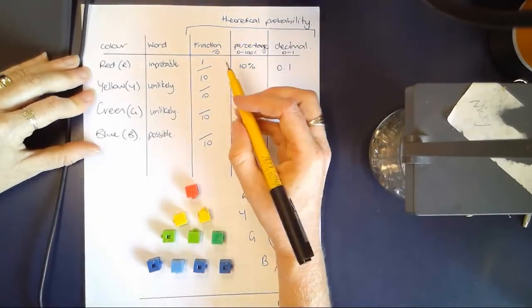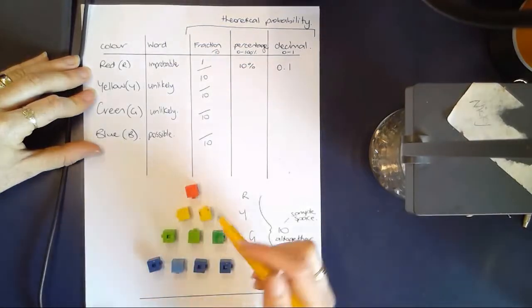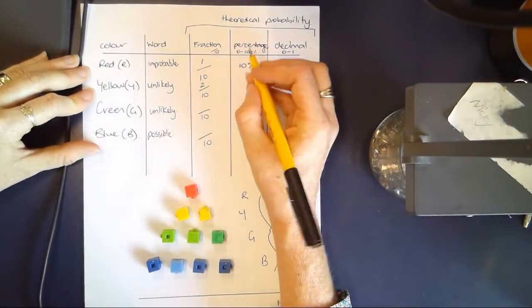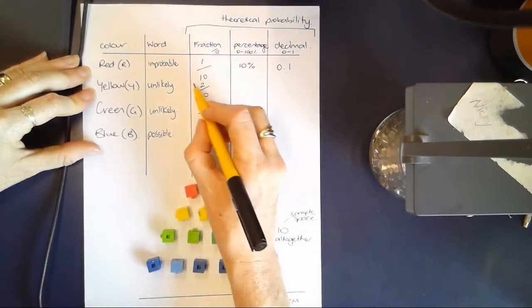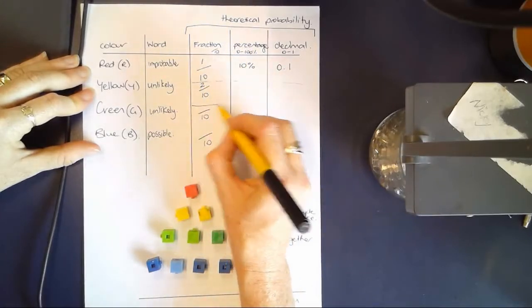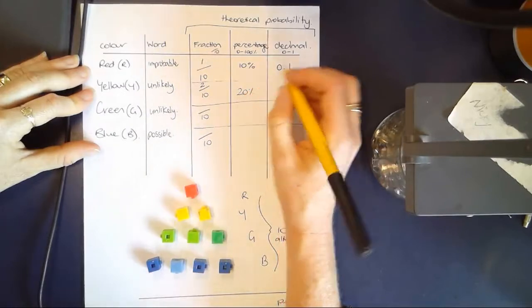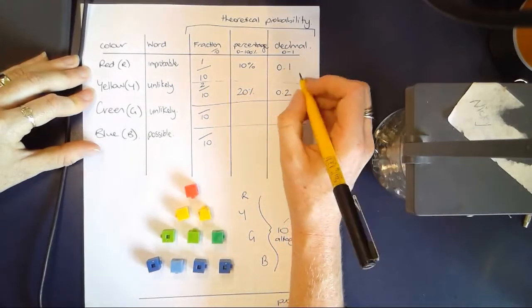Okay, so I've got a 2 out of 10 chance of picking a yellow, so it's going to be 2 over 10. Okay, and that equates to 20% or 0.2.